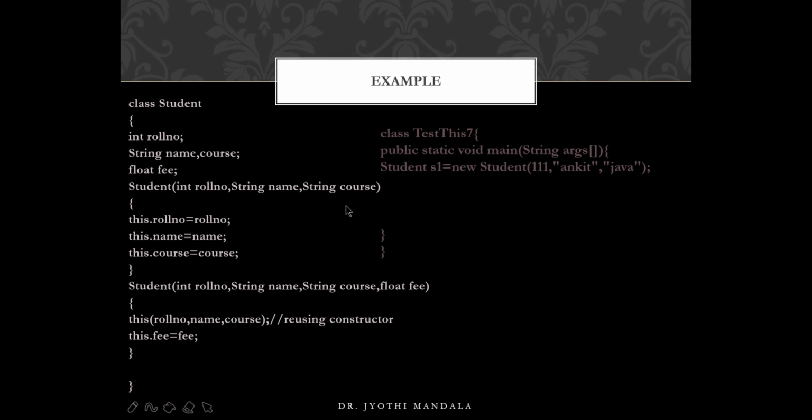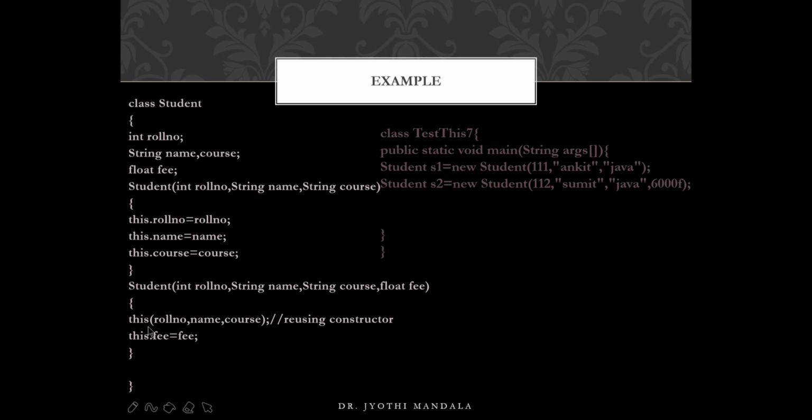Okay, and then I am creating one more object called S2, and here I am passing four arguments. Whenever you are passing four arguments, it will check for a constructor called student where it has to accept four arguments. Now if you come here, roll number, name, course and fee, four arguments it is accepting, so S2 will be pointing to this constructor and it will go inside this one. And here if you observe, we are referring to this roll number, name and course.